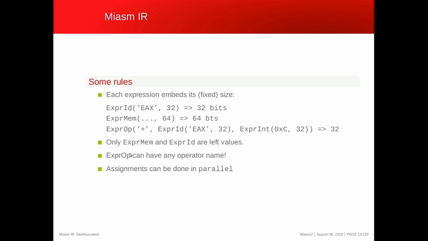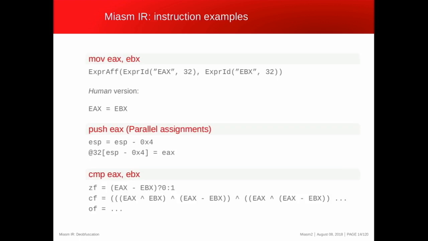Another interesting thing is that the expression operator can take any name of operation, and Miasm can work with unknown operator names and can apply propagation algorithms, etc. on unknown operators. Another interesting point is that assignments are done in parallel. I will show this later.